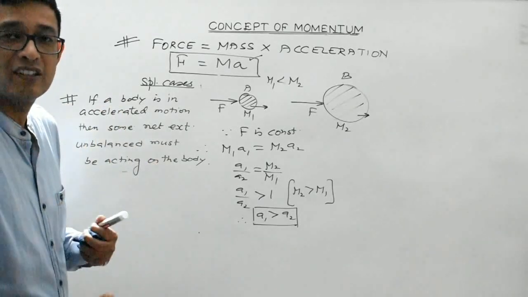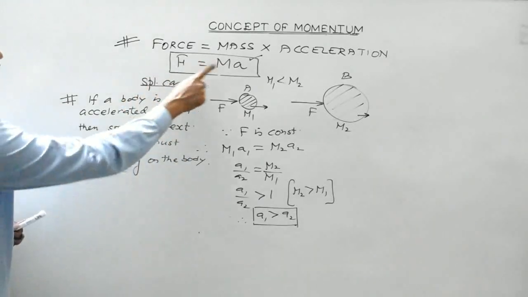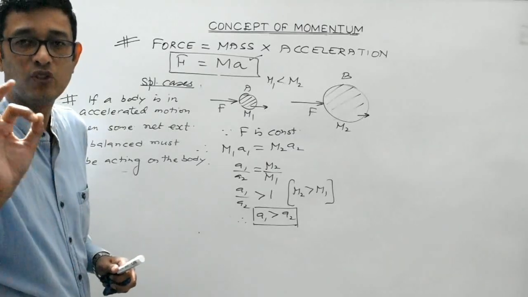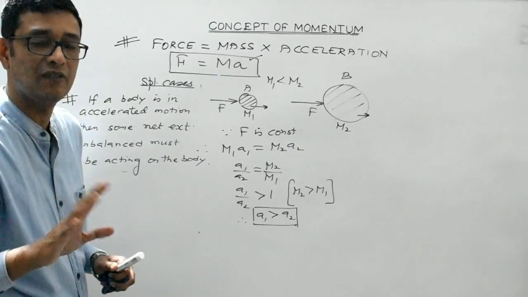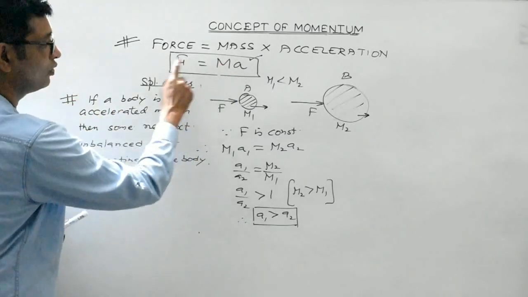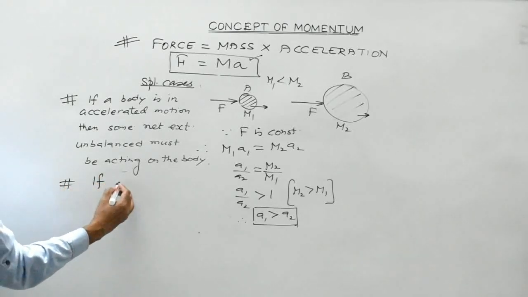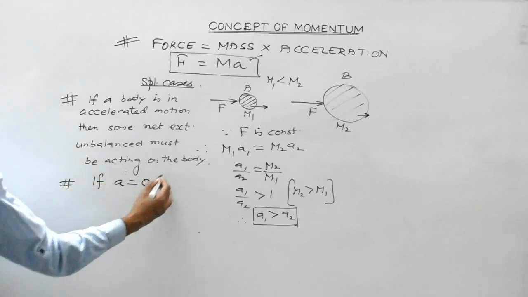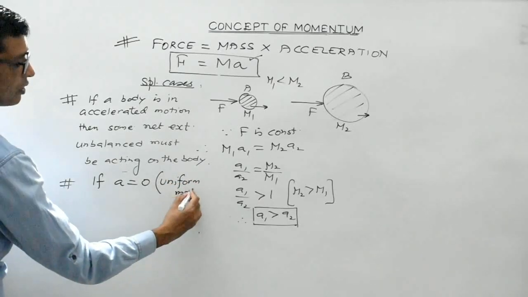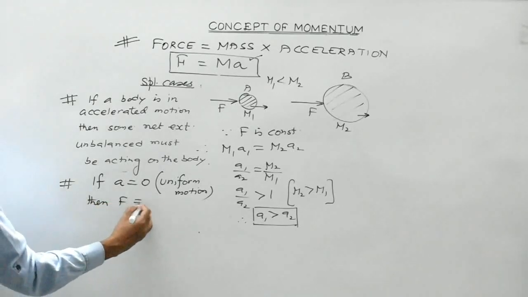On the contrary, if the body is in uniform motion, then A will be 0. A body moving in uniform motion means its velocity is constant. If velocity is constant, acceleration is 0. And if acceleration is 0, then force is 0. So, if a body is in uniform motion, that is when acceleration is 0, then F would be equal to 0.